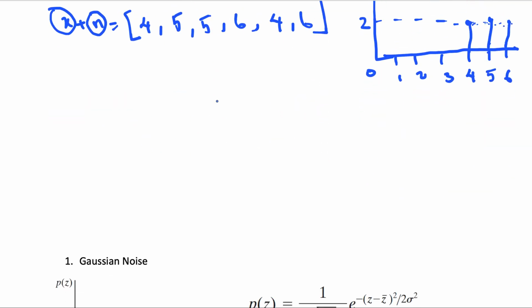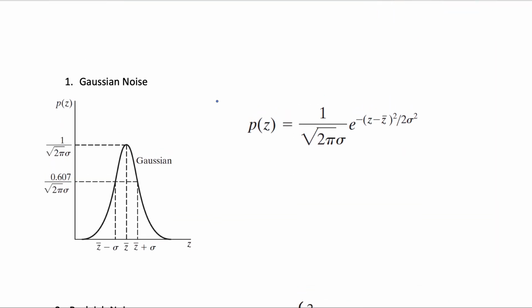Okay, so the first kind of noise model is the Gaussian noise. Gaussian noise will take this form, that is we will have a mean value, that is the most probable value, or it will have the highest probability. In the x-axis we are describing the parameter z, that is the value of the noise, and in the y-axis we are describing p of z, that is the probability that a value is equal to z.